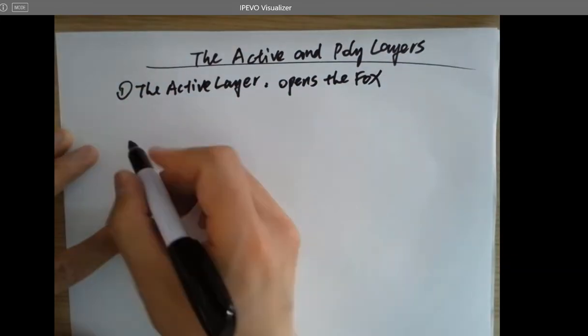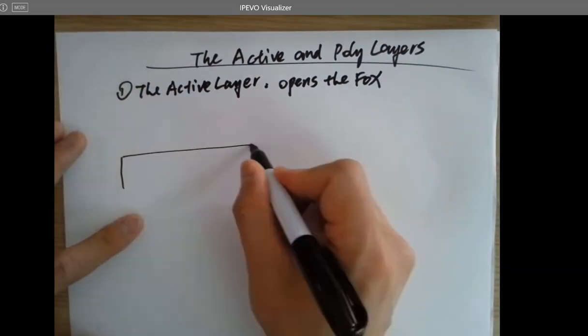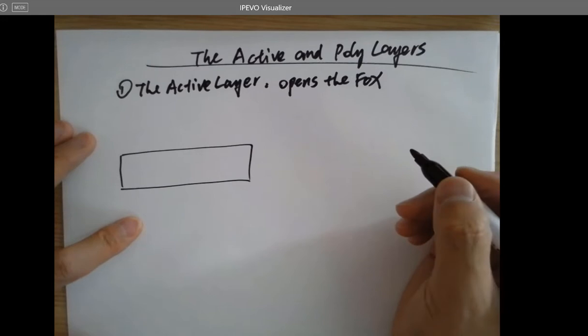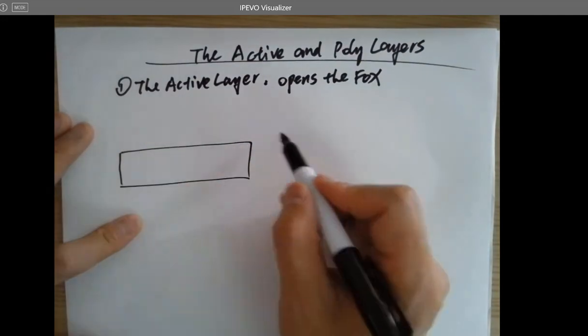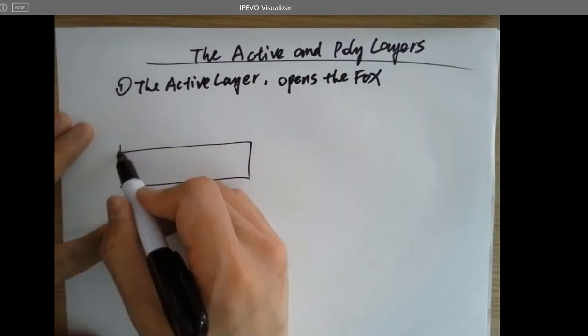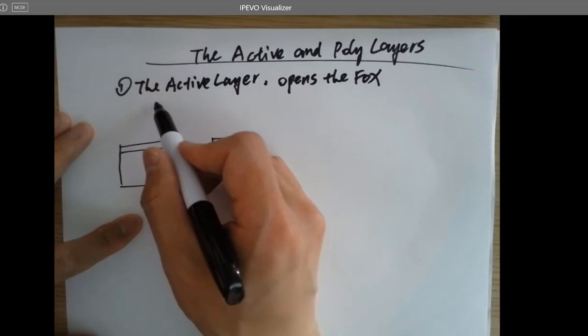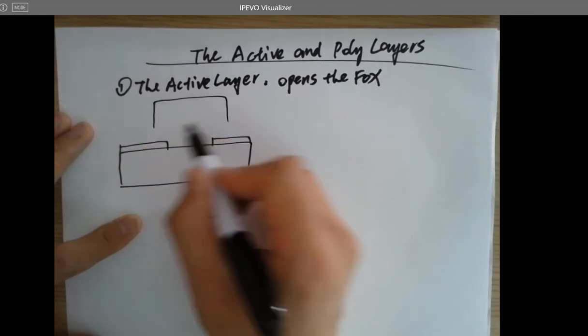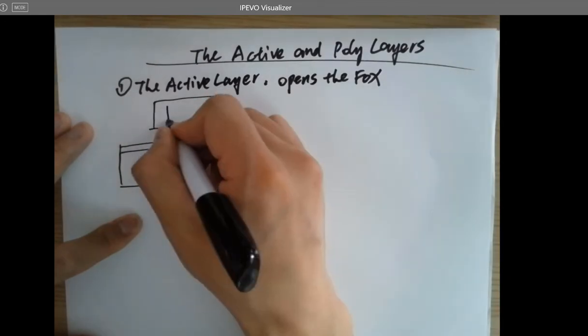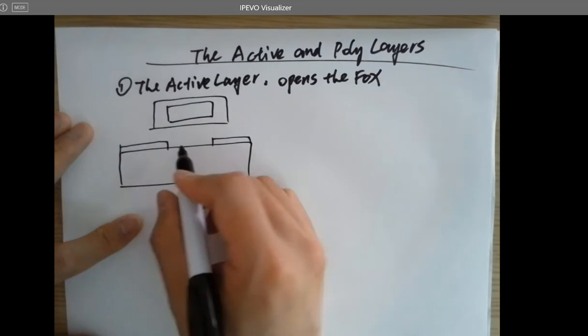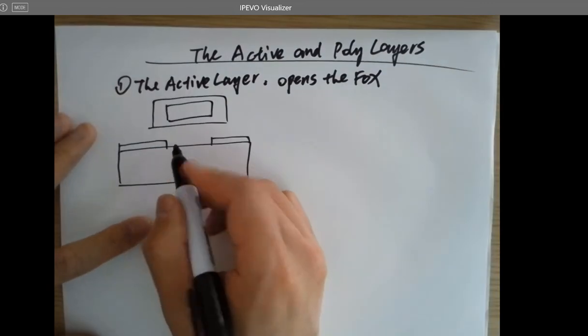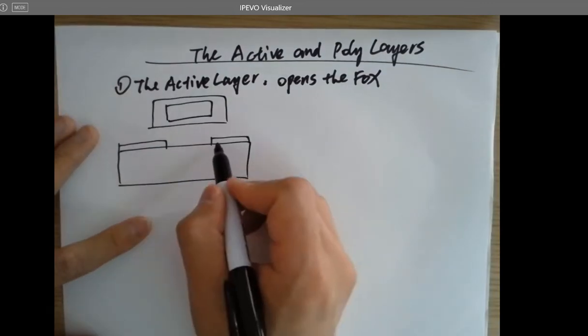So initially, a P substrate, which is a wafer, has a Fox layer on the top. But the active layer is able to open up a window for the Fox layer.